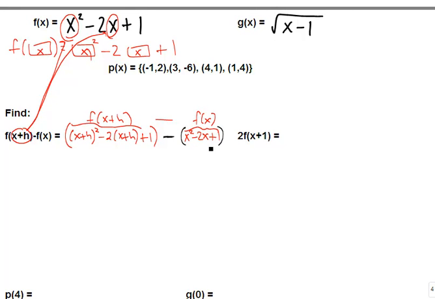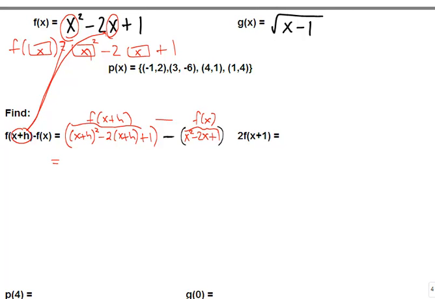So you must have parentheses around all three of these terms, because in the next step we're going to be distributing that negative across. Okay, so let's go ahead, and there is going to be lots of cancellation on this example, so we want to make sure that we expand out our square, we distribute our negative 2, and we distribute our negative across our f of x. So we have lots of stuff to do next.